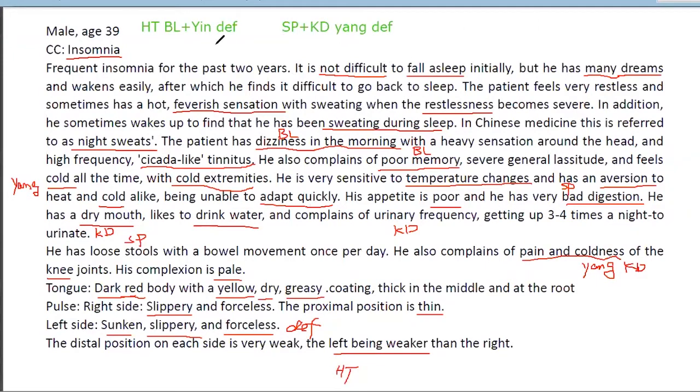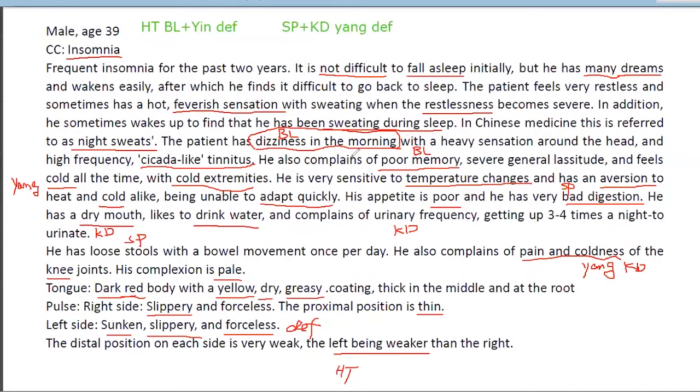So basically, talking about heart blood deficiency, one symptom here is the patient especially has dizziness in the morning. Generally, if after rest there is some nutrition going to the head, they will not have that dizziness in the morning. Another one is the poor memory.